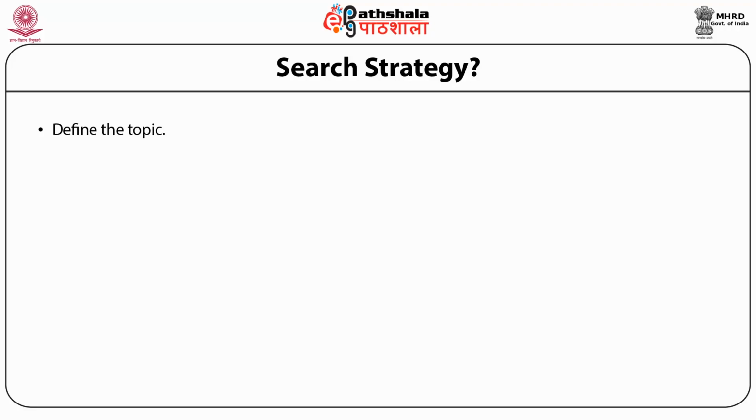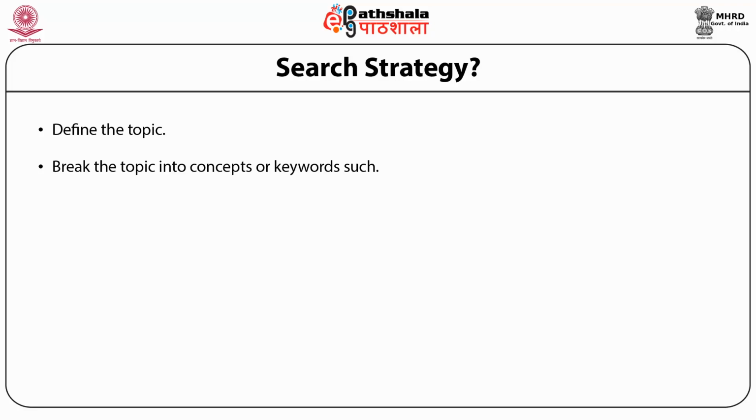So the first step in the search strategy is to define the topic of search. Then that topic has to be broken into concepts or keywords. So the conversion of the topic of search into keywords is important, and so you have to identify significant keywords.